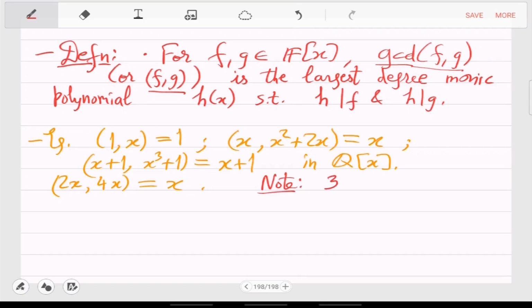Because 3 can be written as 2 times 3 by 2, and 3 by 2 is an element in the field. In fact, it's an element in the polynomial ring, sorry. So 3 divides 2 because there is a polynomial which multiplied by 2 will give you 3, and that polynomial is 3 by 2, right?